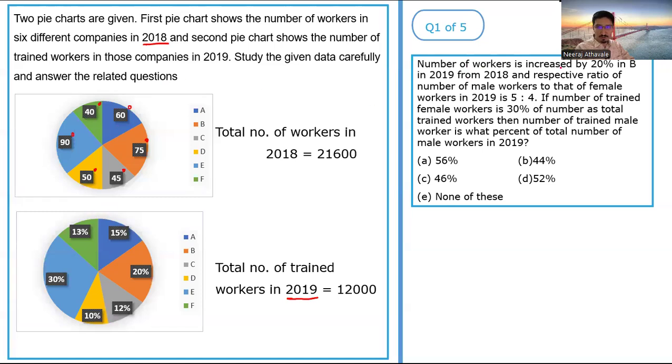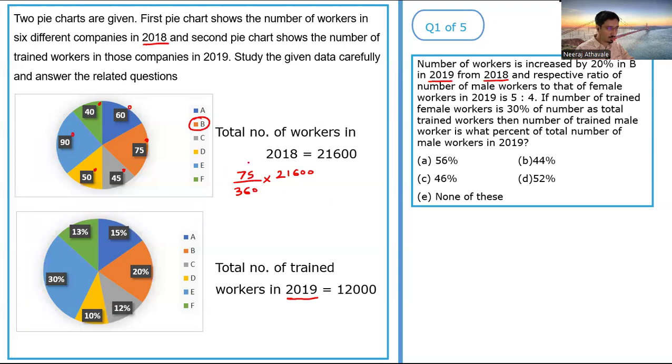So the number of workers is increased by 20% in B in 2019 from 2018. First of all, in 2018, how many people were in B? Let's find out. B is orange, so that is 75 degrees. So 75 upon 360 into 21,600.